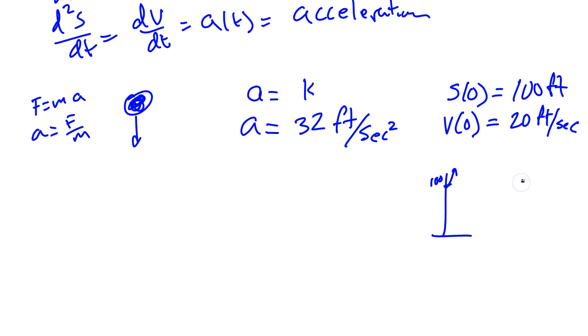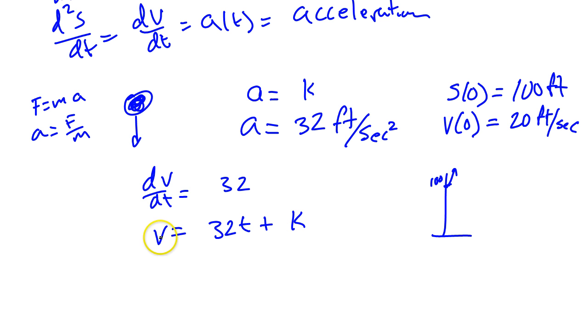So I've got this information and this information. I can get the position at any time, right? Because I know that the derivative of the velocity is 32, which means that the velocity must be an antiderivative of 32. So the velocity must look like 32 times t plus some constant.